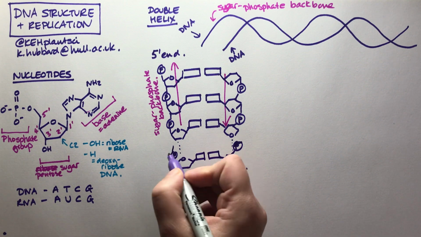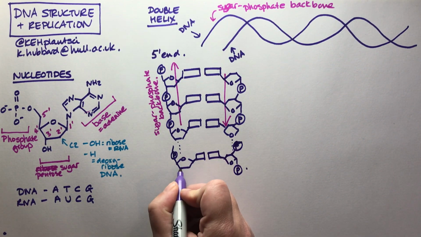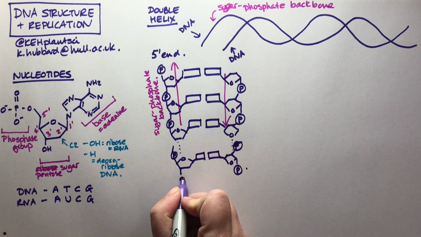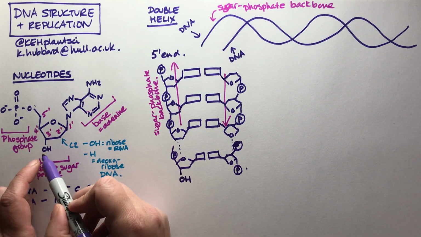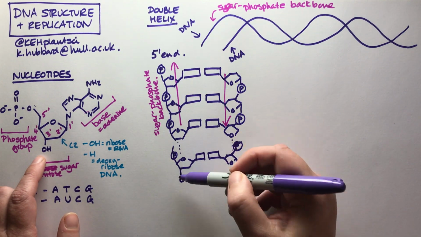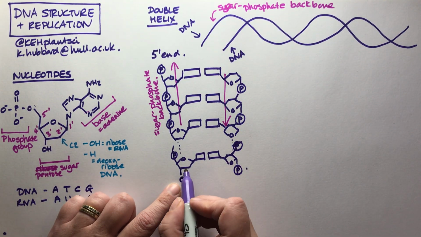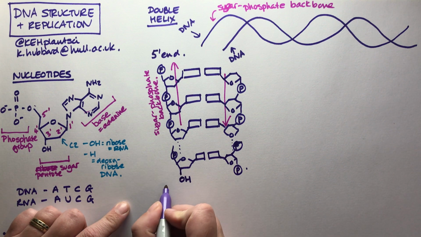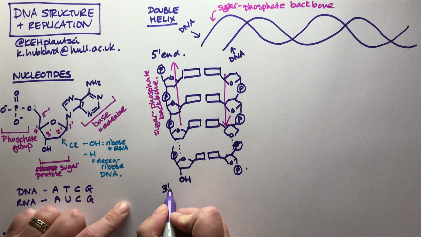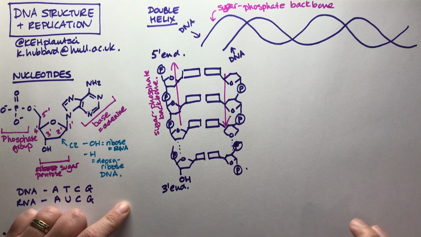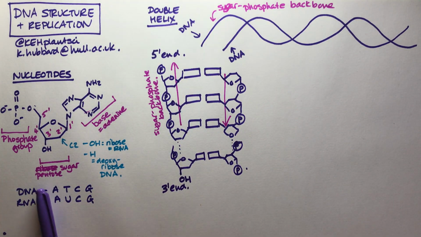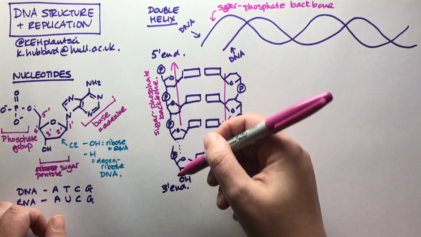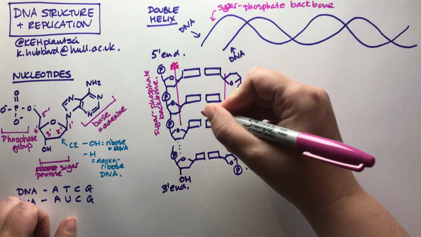Its phosphate will still be attached because it's in the sugar backbone. The thing that will be free on this one is that hydroxyl group at the end. The phosphate attaches to the hydroxyl group, so that hydroxyl group gets lost in all of these. But at the very last one at the end, we've got a hydroxyl group, and that's referred to as the 3' end.